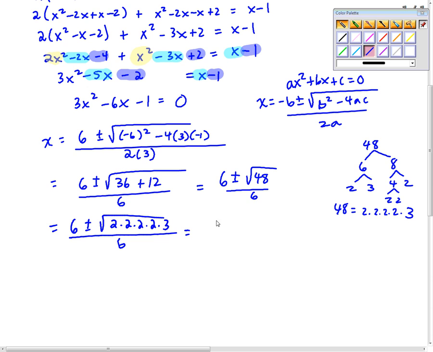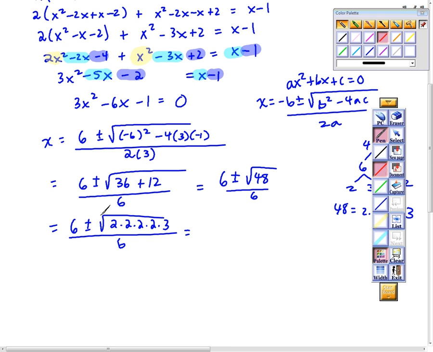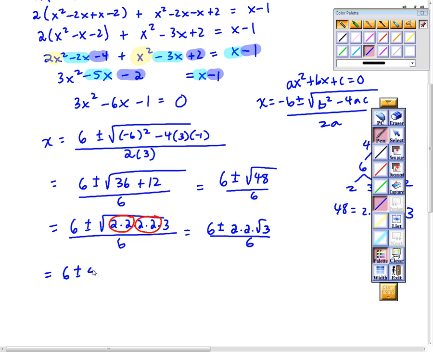all over 6. This is a square root, so there's an understood 2 here, so I can pull out pairs as a single term. So this is 6 plus or minus 2 times the square root of 3 over 6, or 6 plus or minus 4 root 3 over 6. I can divide every single term by 2.